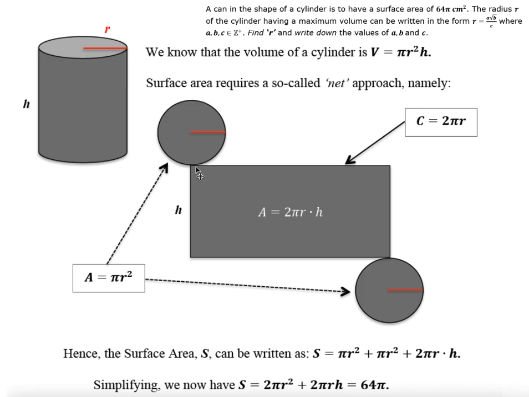And then, of course, the circumference here, which is actually 2 pi r, times h accounts for the area of the side surface, if you will. So that's what's established here. So here is our surface area equaling this rather challenging looking structure or function, if you will, equaling the 64 pi that was given, all right?